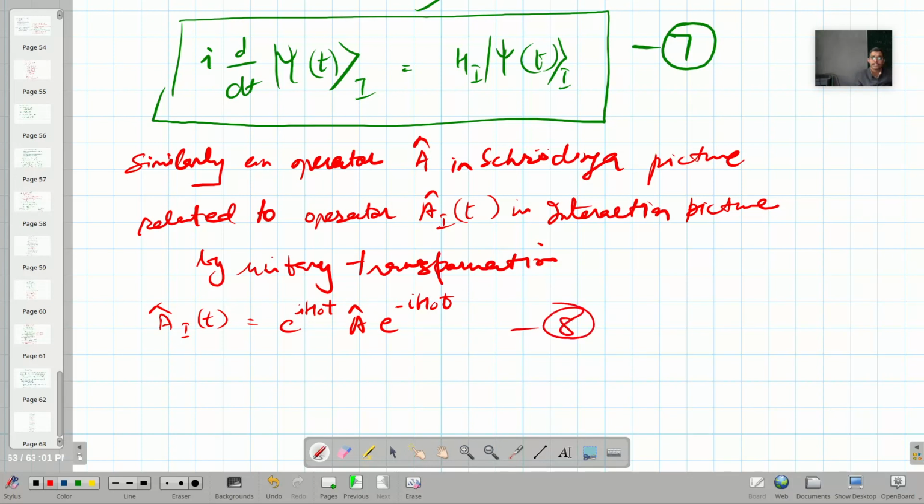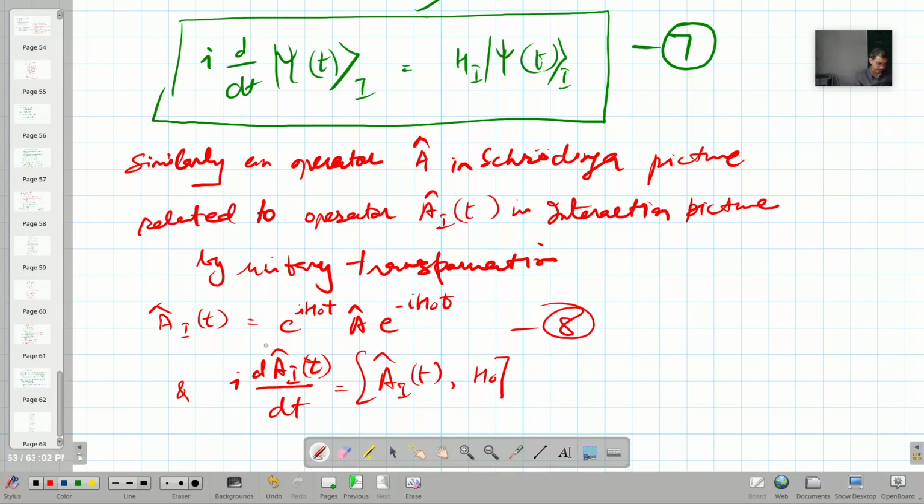So let us call it equation number 8, and I d A I t over dt must be equal to the commutator of A I t and h naught.